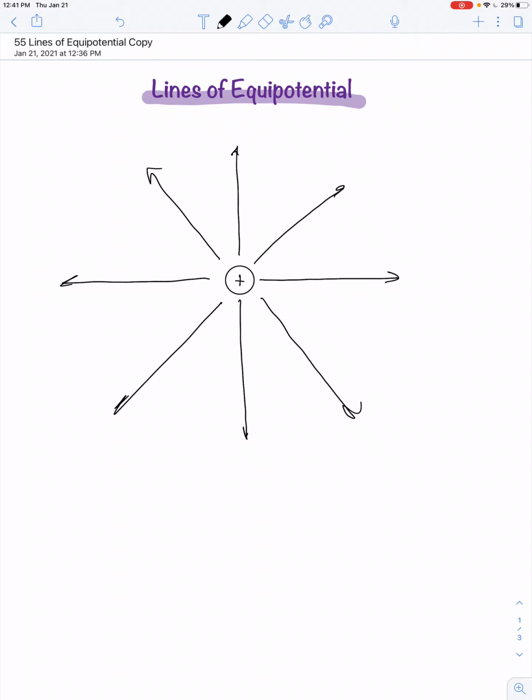Somewhere else in space, there's a negative charge that this field line is going to terminate on, and likewise this field line, and so on.